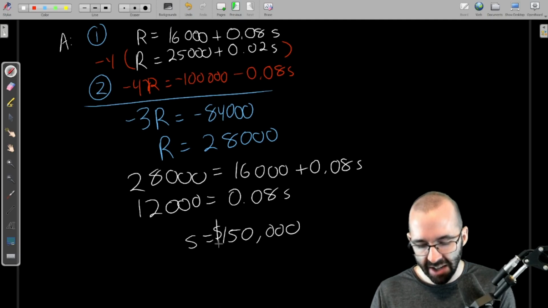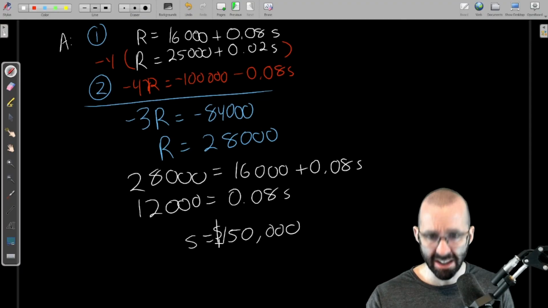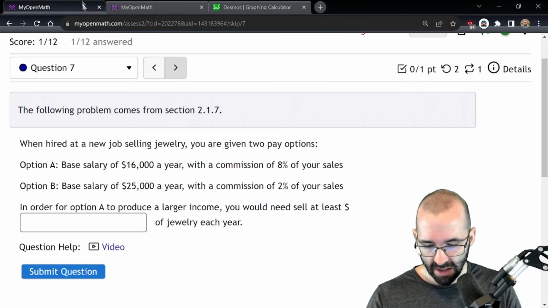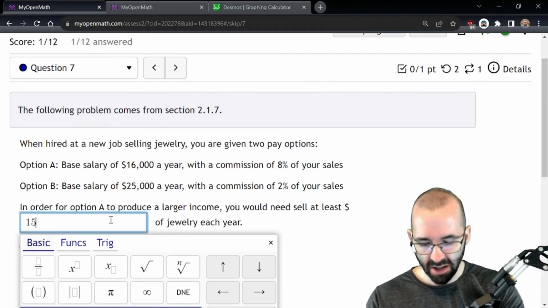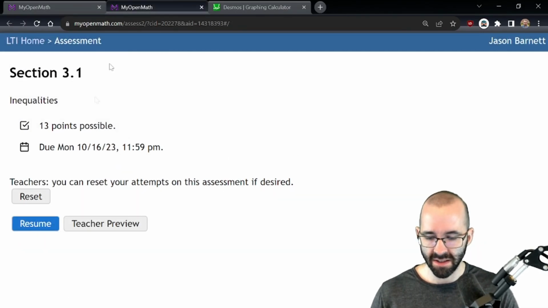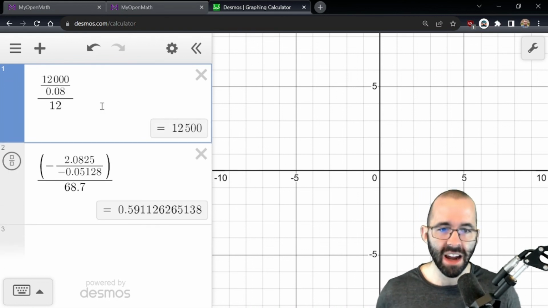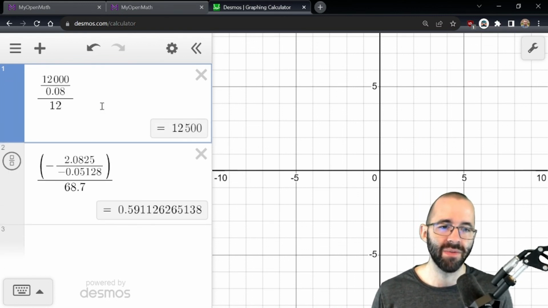That's how much we're going to have to sell in a year, right? It's in a year. We're going to have to sell $150,000 worth of jewelry every year. What is that in a month? $12,500 of jewelry a month.